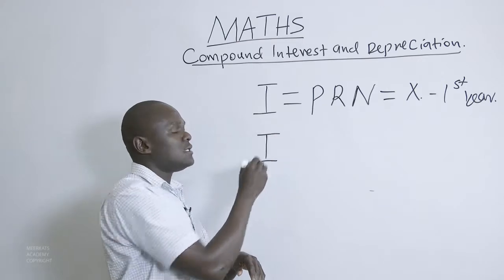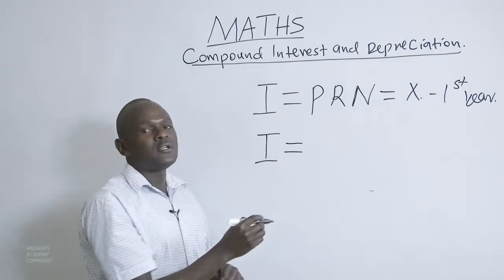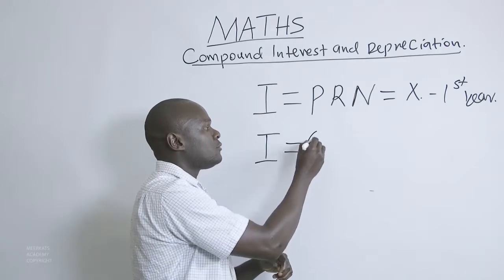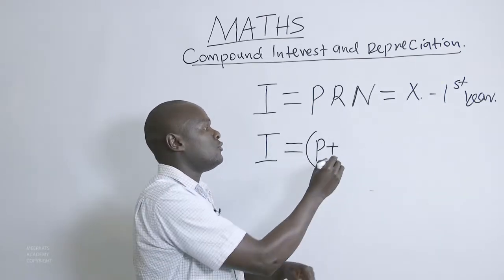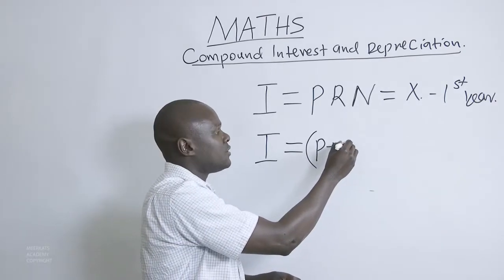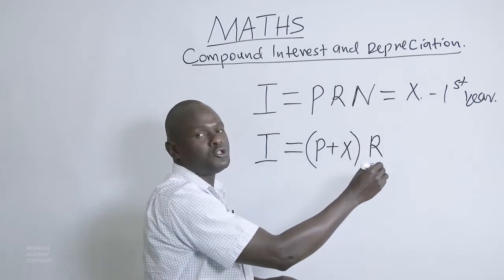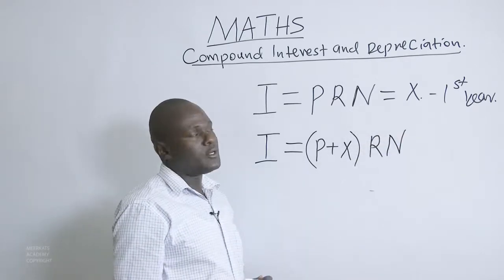When we are calculating the interest in the second year, the interest will be calculated from the new principal, and this new principal will be the old principal plus the interest that we obtained during the first period, times the rate. The rate does not change, multiply by the period again.